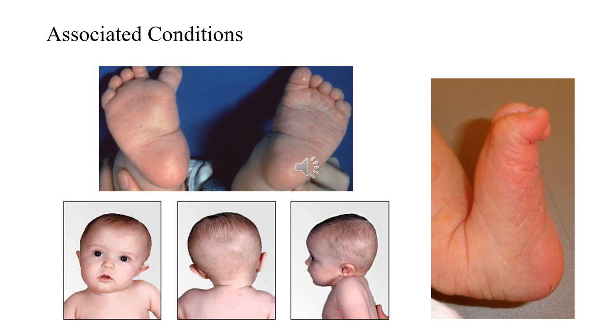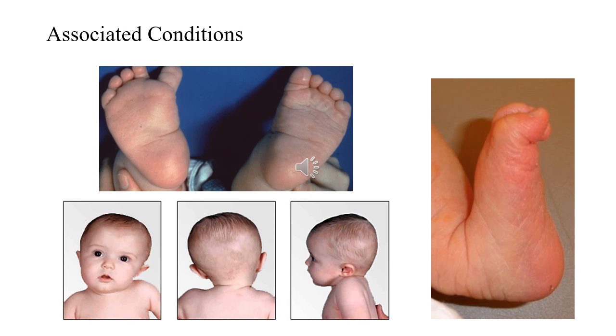And these conditions include, at the top of the list is DDH, and then we have metatarsus adductus, which is the top left picture, which is a medial deviation of the midfoot due to the intrauterine position of the baby.